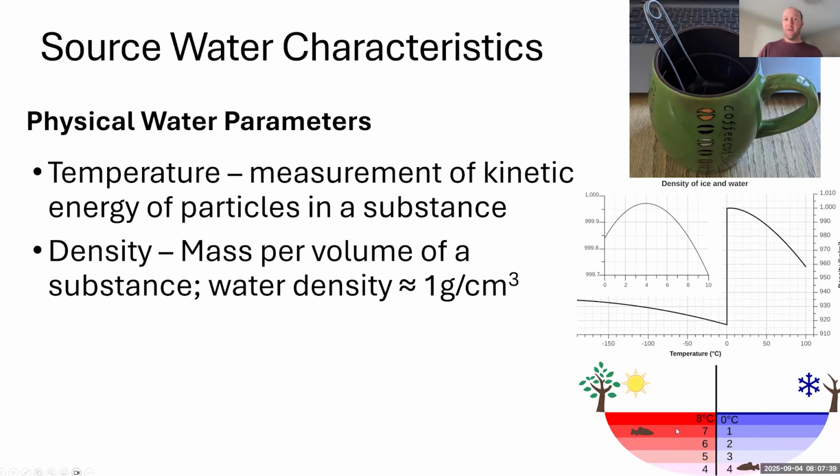In the summer, we have our hottest water at the top where it's getting energy from the sun, and it gets more dense as the temperature gets cooler as we go down. But in the winter, it's the opposite. The cold air keeps the surface water cool, but the warmest water is at the bottom. Then as spring happens, that is going to switch.